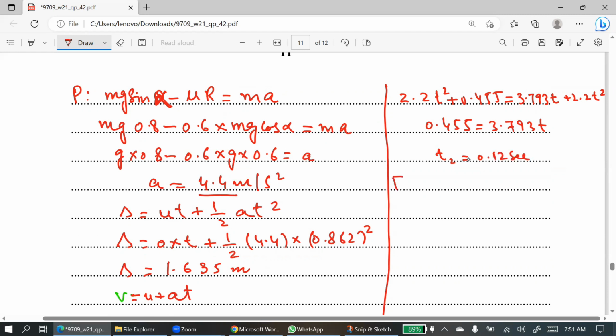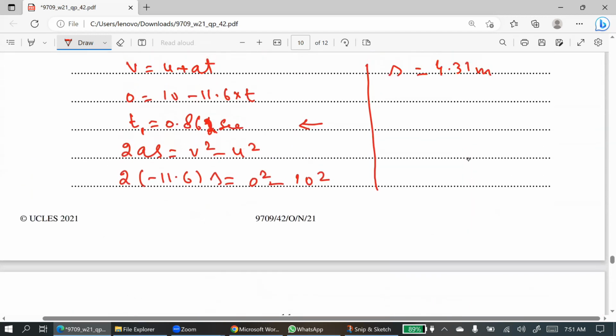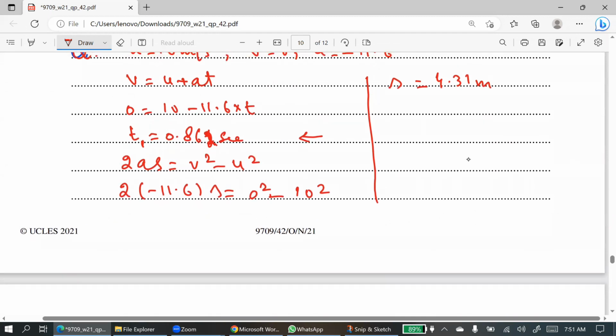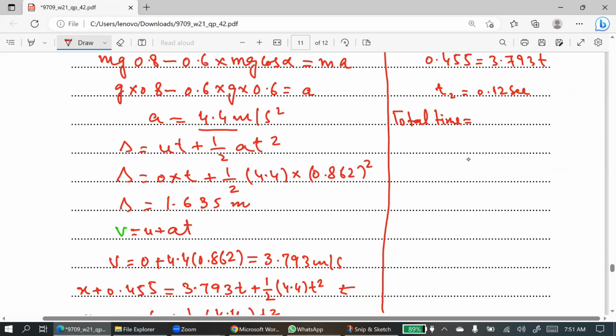Now the total time: the time for the particle to move up the plane is 0.862 and the time for the downward motion is 0.12. The final time is 0.982 seconds.